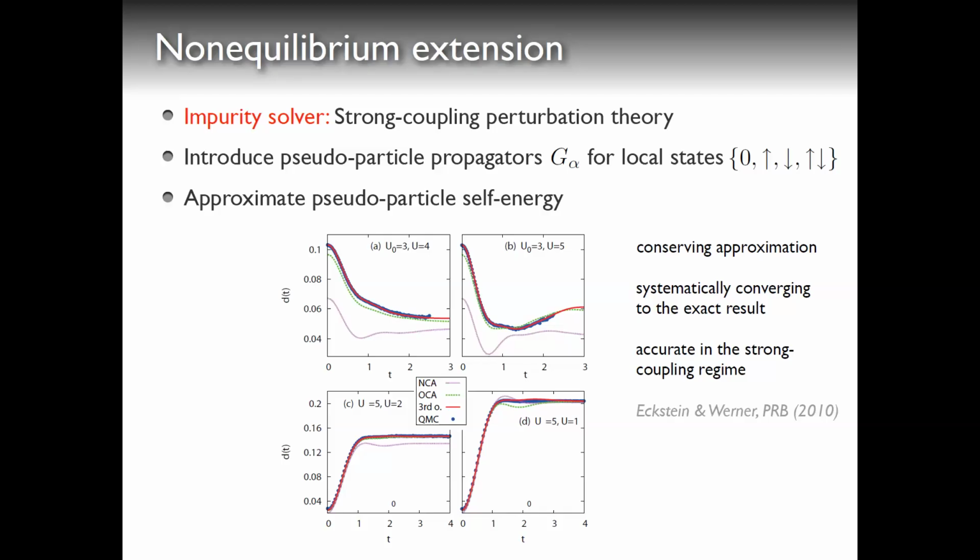The blue dots are the Monte Carlo data for interaction quenches, and I show again the double occupation. This is the non-crossing approximation. The green one is the one crossing approximation. The red one is the third order approximation, and this converges very fast to the correct result in the strong coupling regime.